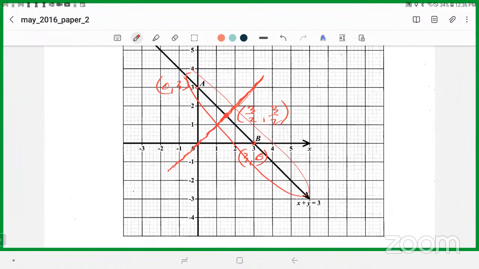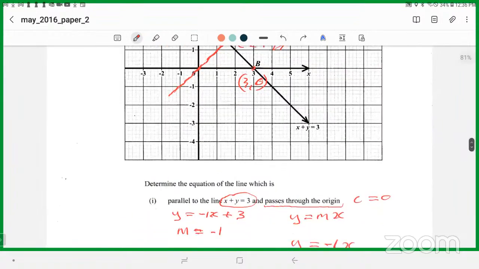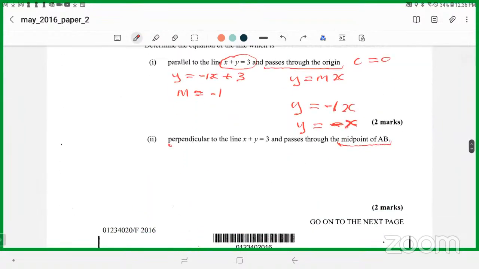Right? So you want the line that is now perpendicular to this one. So the question is, what is the gradient of this line that you want? Let's call it line 2, so we can make a reference to it. So it's line 2 we're trying to get. So we need a gradient and a point. The point is clearly this. So what is the gradient? The gradient of the perpendicular line, line 2, is equal to -1 over the gradient of AB.